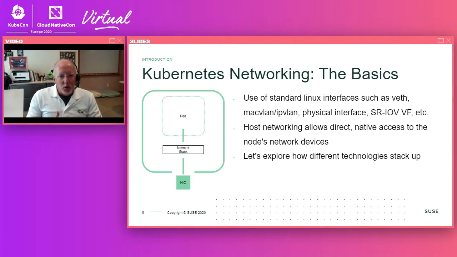A second mode that Kubernetes provides natively is called host networking. What this does is effectively open up access from the underlying devices to the pods. It opens up access from the pods directly into host networking devices. It bypasses a chunk of security that you would typically expect to have.